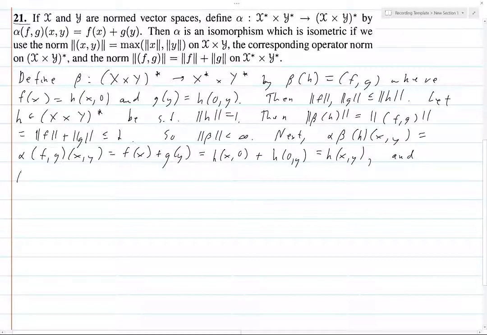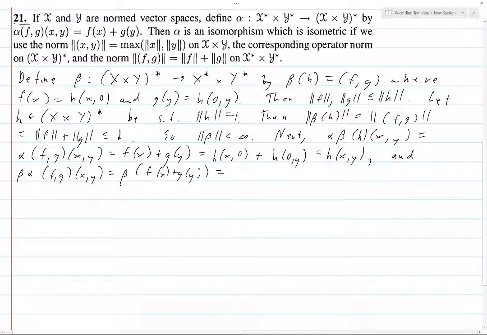And beta of alpha (f, g) at (x, y) equals, right, alpha (f, g) at (x, y). Now this becomes f of x plus g of y, and this is equal to, what is this?